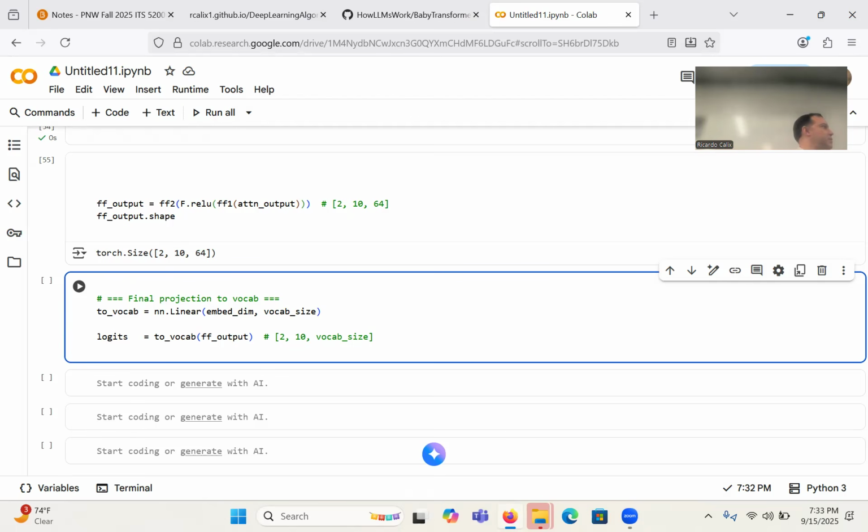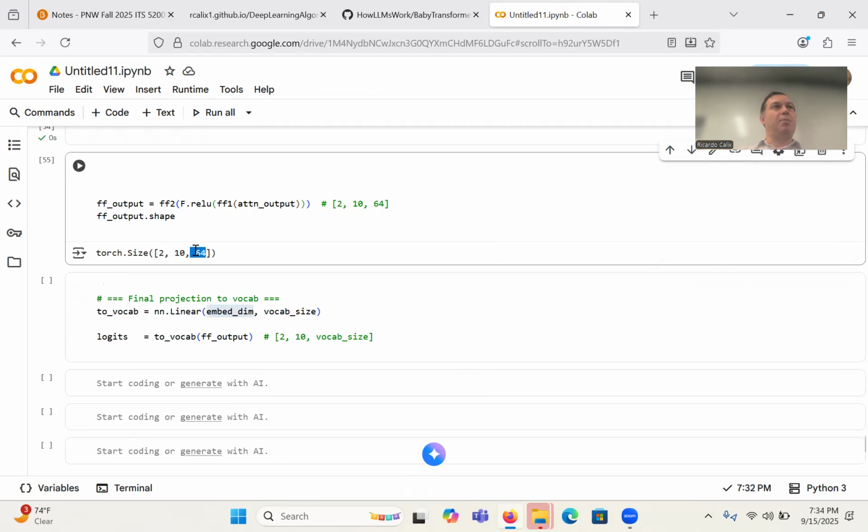Here we're doing something similar, but for 1,000. Why? Because 1,000 words, or subwords, is what we have in our vocabulary. So here the tokens predict the word finally. You can see the final projection to vocab. Embedding size is what? 64. But every one of these tokens, right? You agree that 10 is each one of these is a word, right?